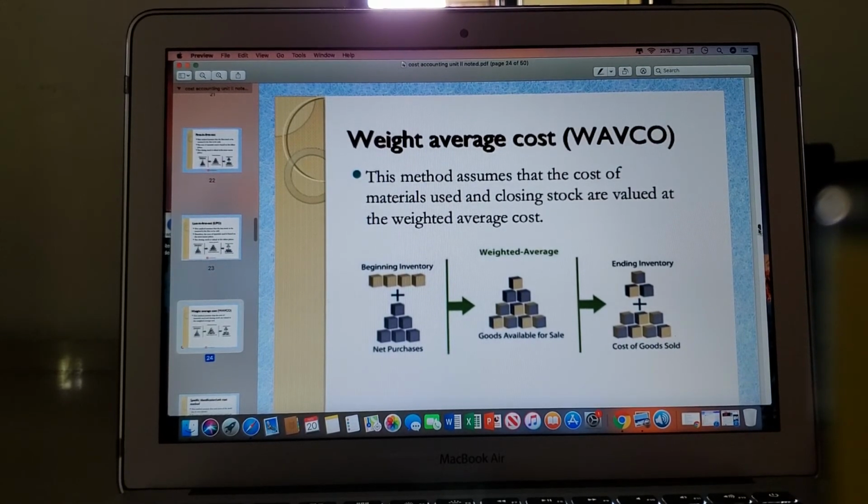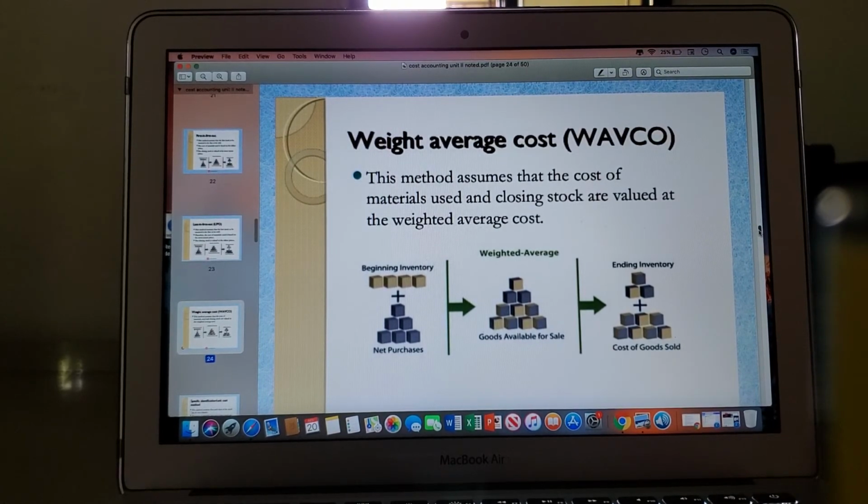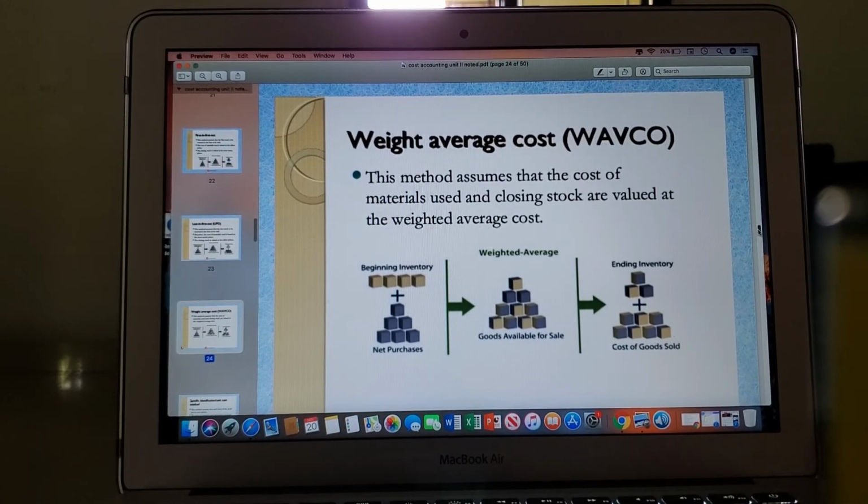And here, the cost of goods sold is four grey boxes and 3 yellow boxes of goods, and what remains as an ending inventory is 2 grey boxes of goods and 1 yellow box.